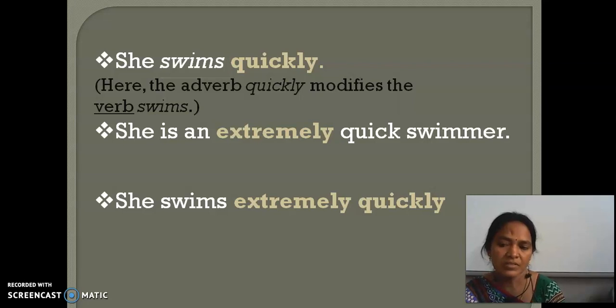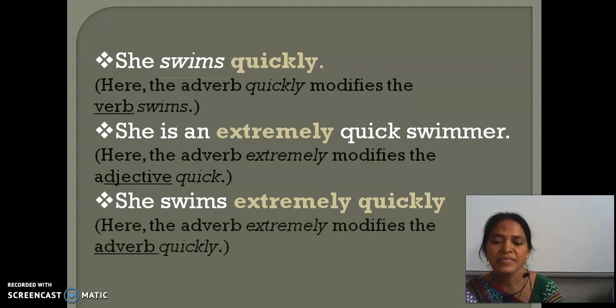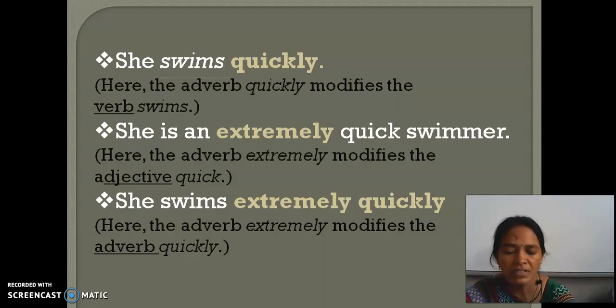Quickly modifies the verb swims. Extremely modifies the adjective quick. The adverb extremely modifies the another adverb quickly.